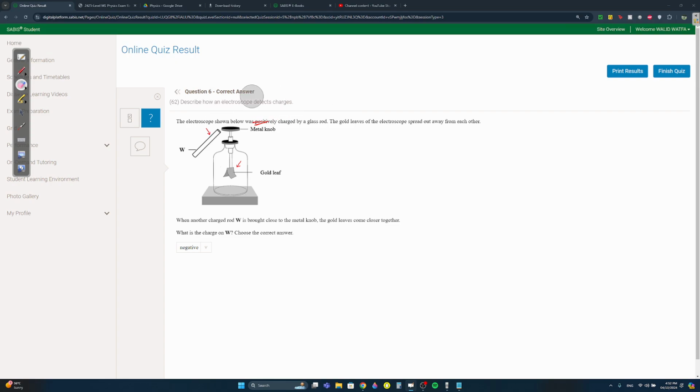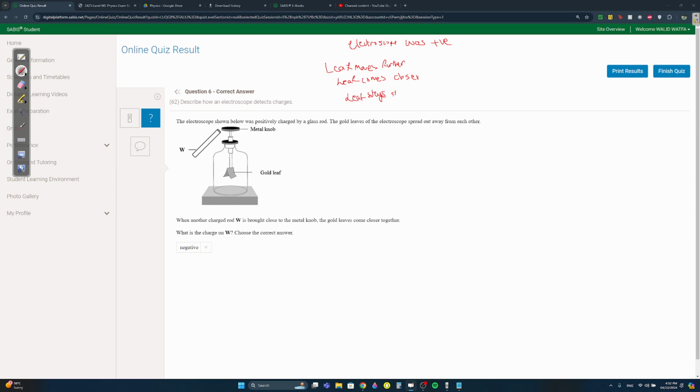What happened, and I got this question wrong, I don't know why I didn't read the question properly, is they said the electroscope was positive at the start. It was a matching question where they asked us: leaf moves further, leaf comes closer, or leaf stays still.